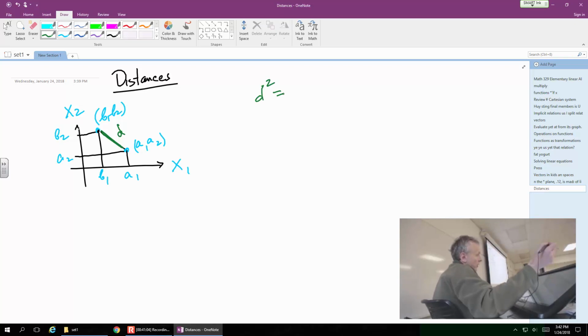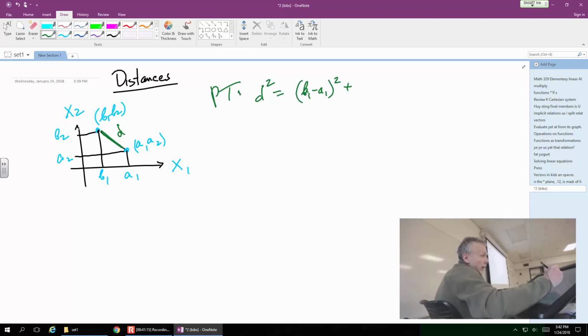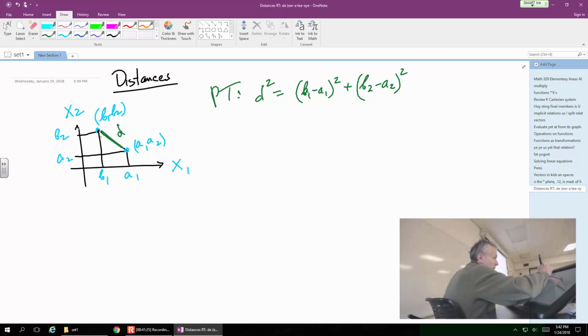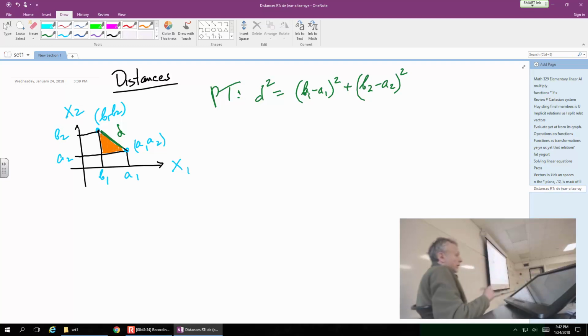So it will be b1 minus a1 squared by the Pythagorean theorem, right? And b2 minus a2 squared. This is literally the Pythagorean theorem where my right triangle is this. Choosing the axes perpendicular to each other is a natural choice, so that the Pythagorean theorem applies.